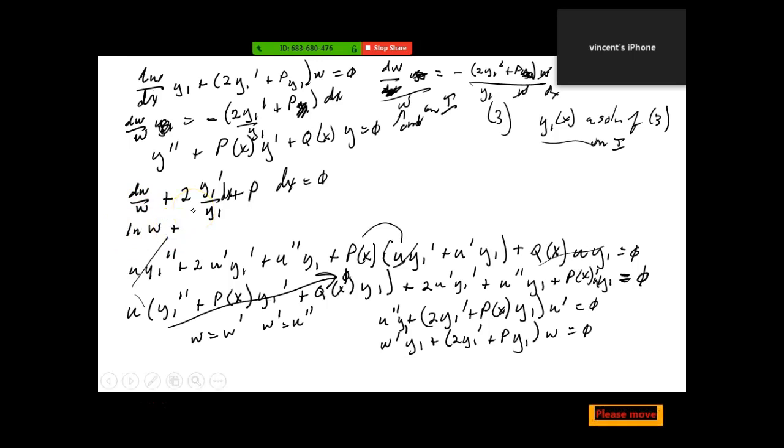Now, what we have here is a y prime over y. And you're trying to integrate that. Okay, when you integrate this, you get that.